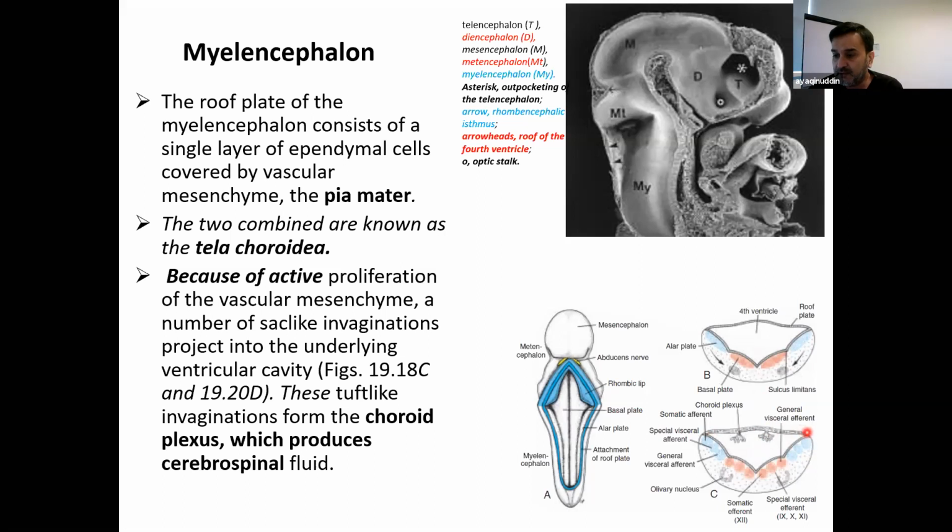So what you are seeing basically is that the floor is formed medially by the basal plate and laterally by the alar plate, and the roof of the myelencephalon is formed by ependymal cells covered by vascular mesenchyme and the pia mater. The two combined structures, the pia mater and the vascular mesenchyme, is called the tela choroidea, which is continuously producing the CSF. It forms the choroid plexus and it forms the CSF.